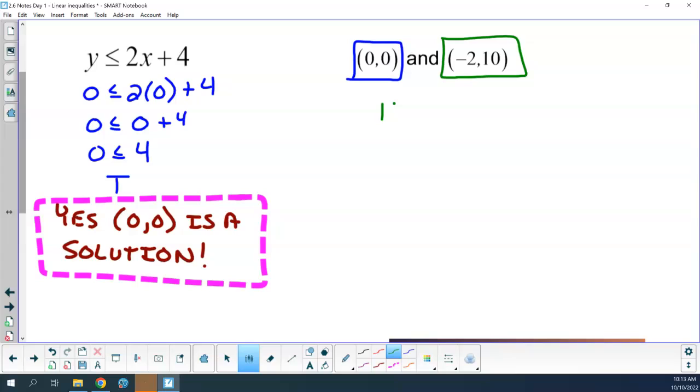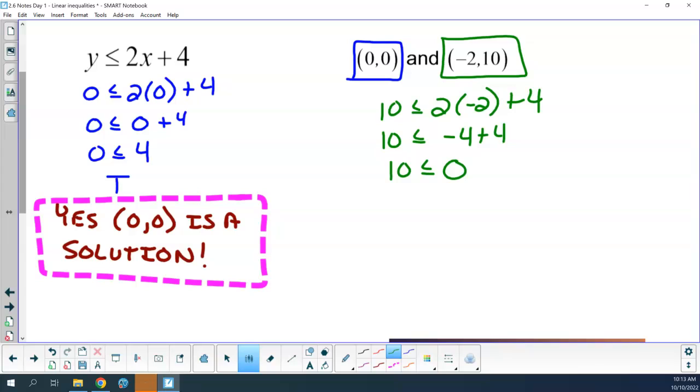So that would be 10 is less than or equal to 2 times negative 2 plus 4. 10 is less than or equal to negative 4 plus 4. Negative 4 plus 4 is 0. Is 10 less than or equal to 0? No, that's a false statement. So then, no, negative 2, 10 is not.